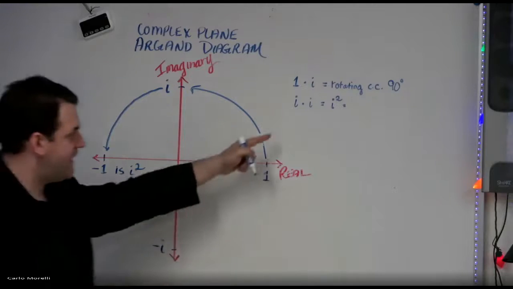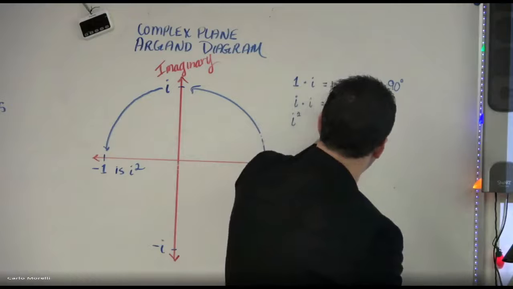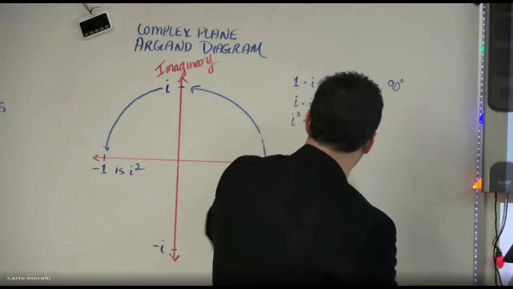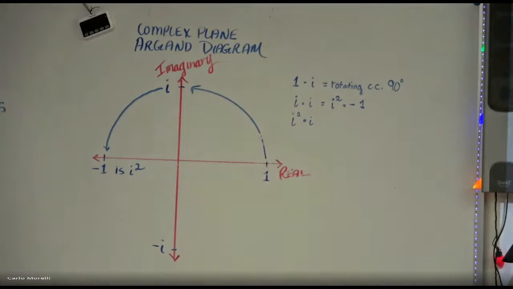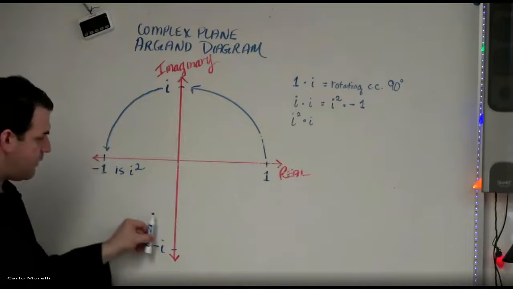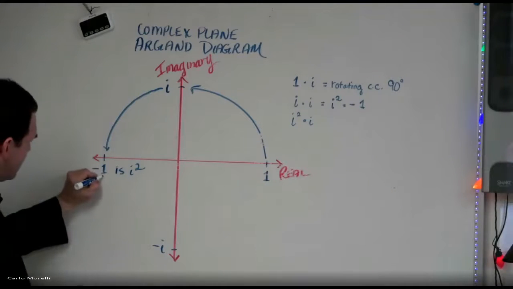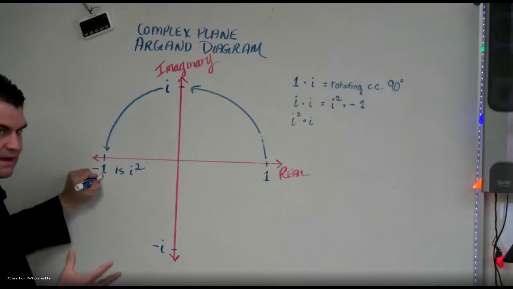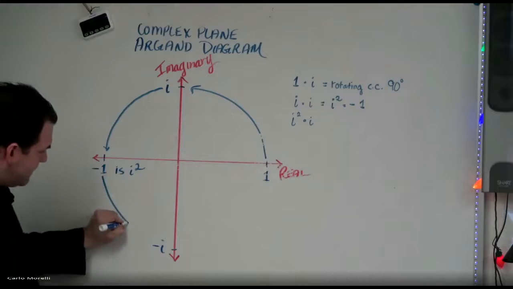Now, let's take i squared. So this is -1. Let's take i squared and let's multiply by i again. Remember, multiplying by i is merely rotating counterclockwise by 90 degrees. So let's start here at -1, aka i squared, and rotate by 90 degrees.